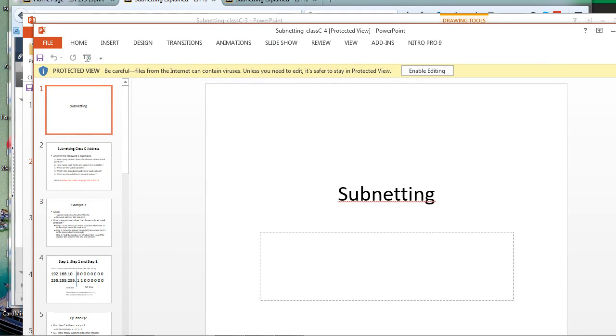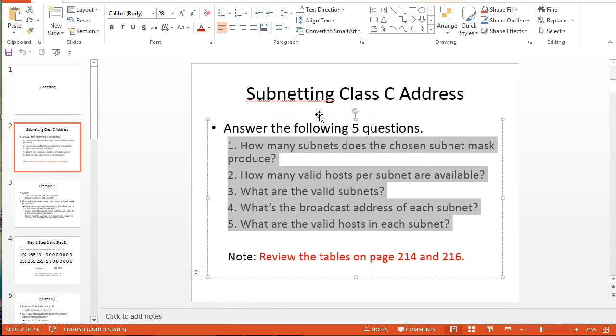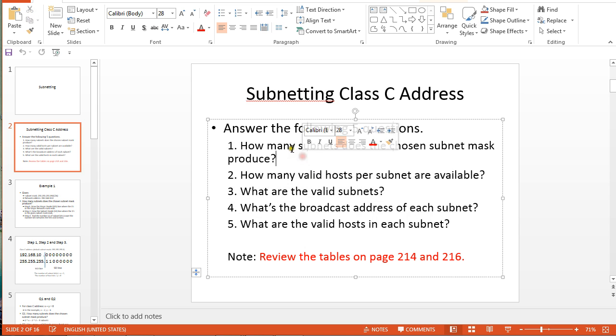So basically, when I give you subnetting problems, as long as you can answer these five questions, you are in good shape. How many subnets does the chosen subnet mask produce? How many valid host IP addresses per subnet are available?